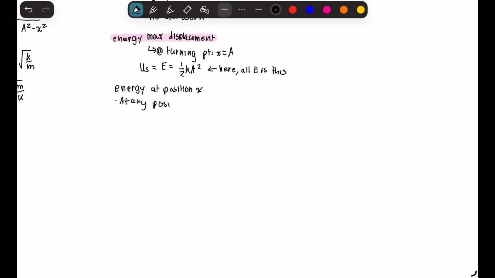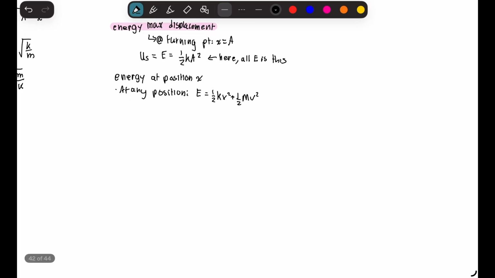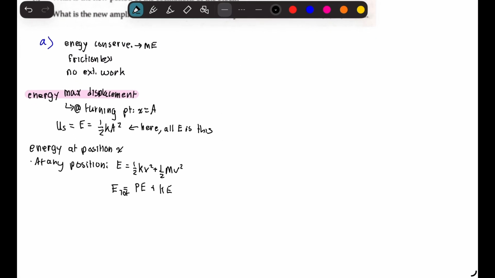At any position, you will have that E is equal to 1/2 kx squared plus 1/2 mv squared. So here, your potential energy plus your kinetic energy is going to be your mechanical energy. Now all you have to do is use energy conservation, where E initial is equal to E final. So you say that 1/2 kA squared is equal to 1/2 kx squared plus 1/2 mv squared.